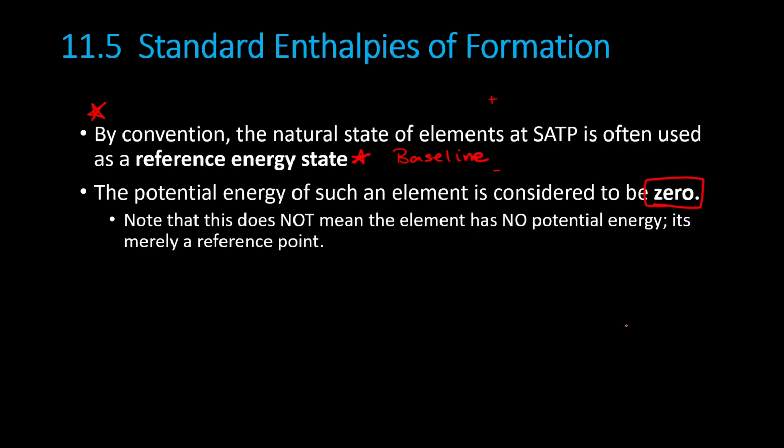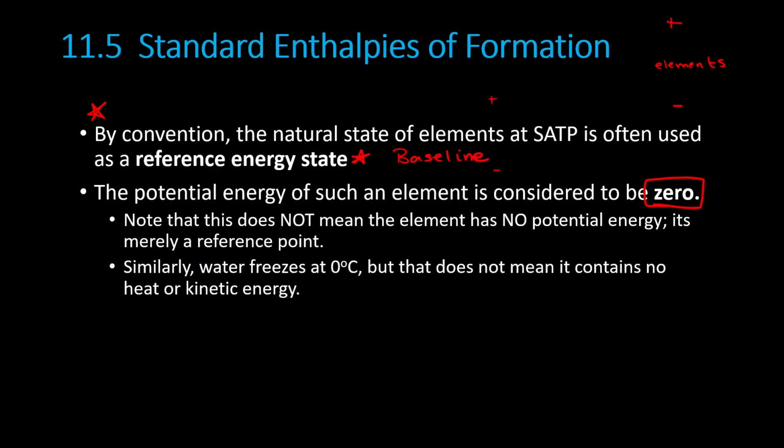It's just a relative reference point so that we can make our little table and say some things are positive. In the middle, we have elements. And if it's less than an element, we call it negative. So again, just a baseline, not an actual zero. For our calculations, however, we will be able to use it as zero, which makes elements our new favorite thing because it makes our math even easier.